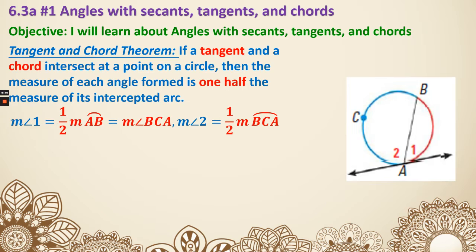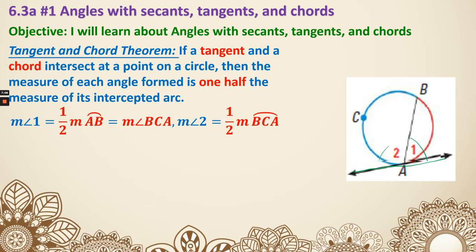Moving on, now we have more theorems. Tangent and chord theorem. If a tangent and a chord intersect at a point on the circle, then the measure of each angle formed is 1/2 the measure of its intercepted arc. So for example, this is the tangent line, and we have two angles, 1 and 2.